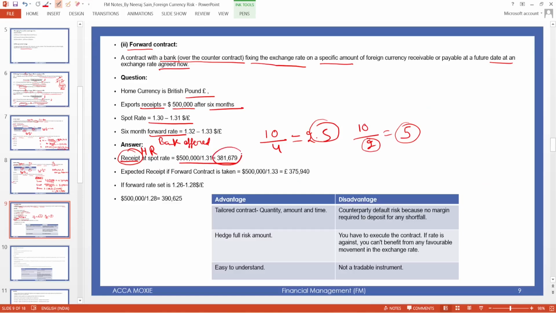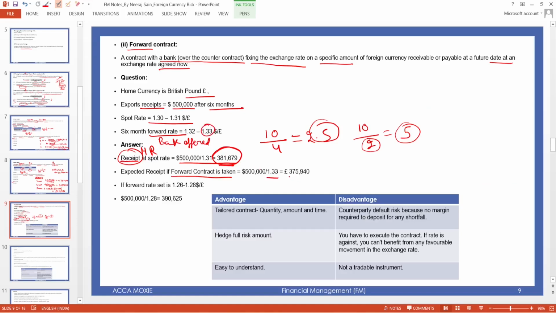So if right now we convert that amount, we receive this amount, but we go to the bank and we fix the rate. How much is the rate? We use the higher rate.